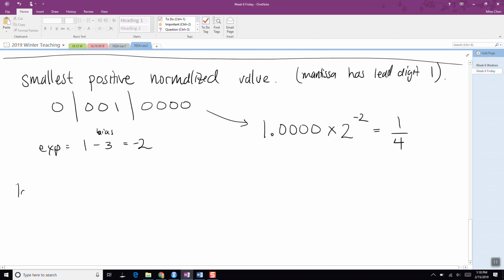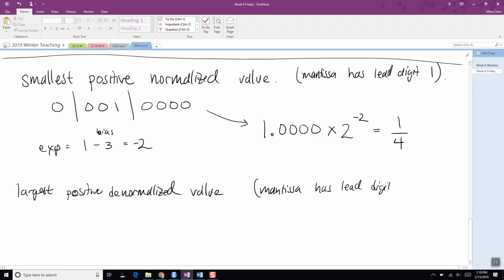If we talk about our largest positive denormalized value, okay, so the mantissa has lead digit 0, this will be 0, 0, 0, 0, 1, 1, 1, 1.